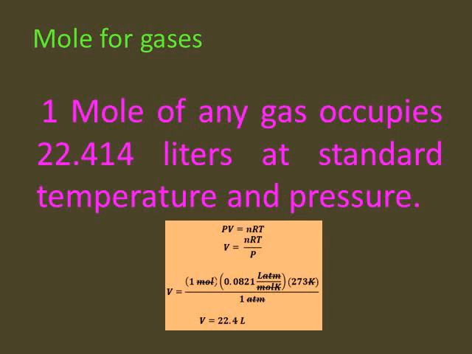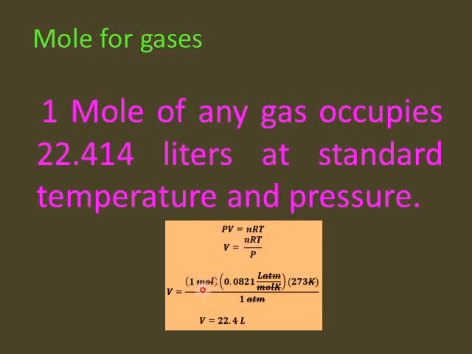Here I am taking the general gas equation, which is PV equal to nRT. Here P is for pressure, V for volume, n for number of moles, R is the general gas constant, T for temperature. So when we find the volume of a gas, we have to put in all STP conditions, standard temperature and pressure.